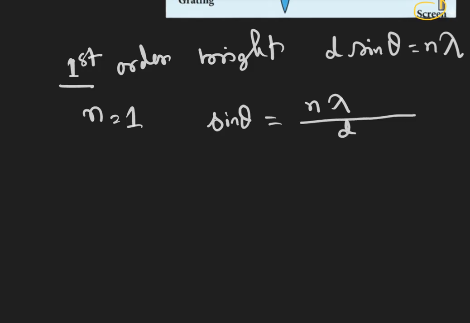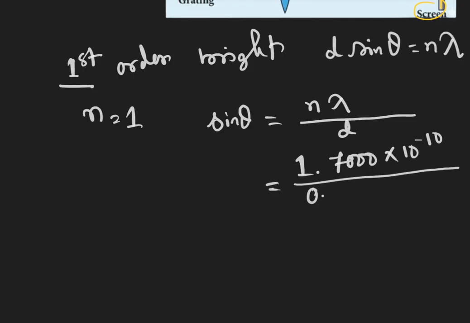Now plug in the values: n is of course 1, lambda is 7,000 angstrom, meaning 10 to the power minus 10, and plug in the value of d, the grating element, nothing but A plus B. What is the value of A? A is 0.004 centimeter, and B is 0.0015, both in centimeter.